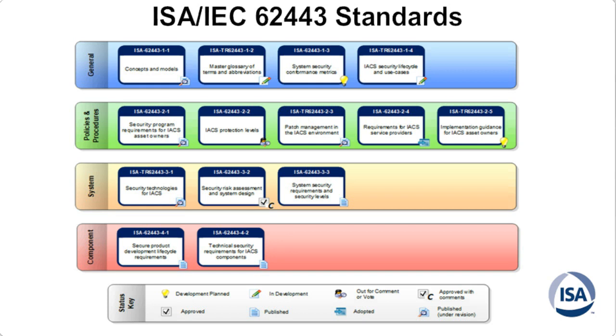So that's kind of the overview of what the 15 standards are. And so, it's important to recognize that depending on who you are, whether you're an asset owner or if you're a product supplier, you don't have to know all 15 standards. There's 3 or 4 that are relevant to what you do as an activity.